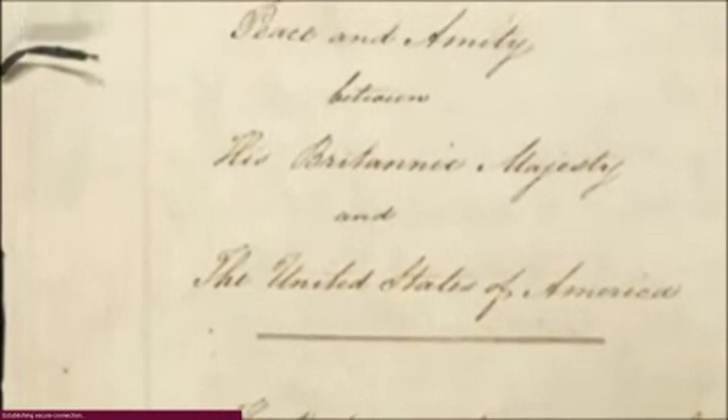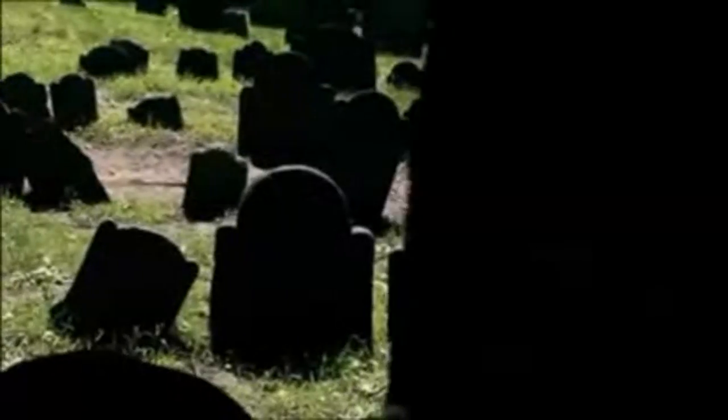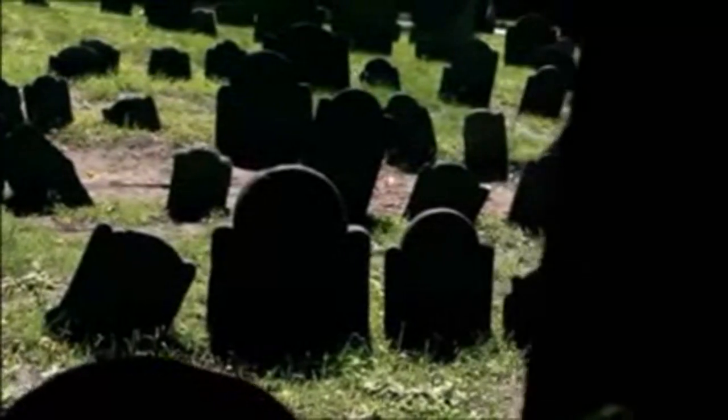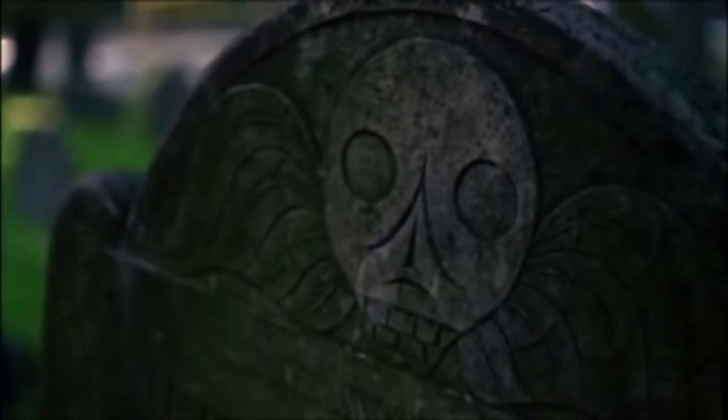Both sides send diplomats to the Belgian city of Ghent, and in the winter of 1814, they negotiate a treaty that ends the war, that basically puts everything back the way it was when the war began. The war was over. The country had paid a terrible price. More than 2,000 American soldiers were killed and another 6,000 injured. Despite the country's losses, American pride swelled.